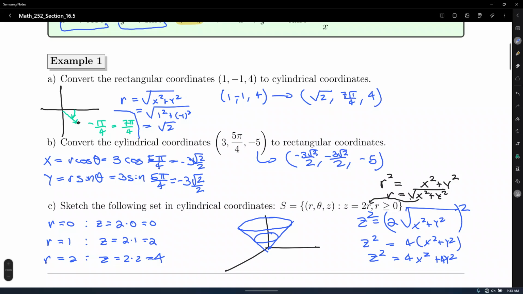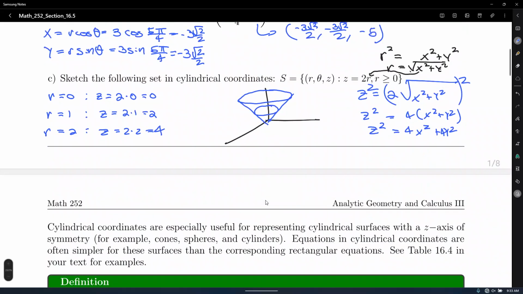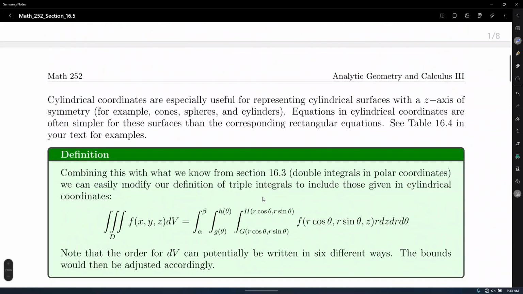All right, so how does the triple integral look like in cylindrical coordinates? First of all, when are we going to use the cylindrical system?